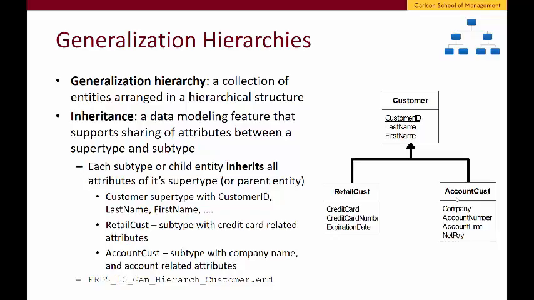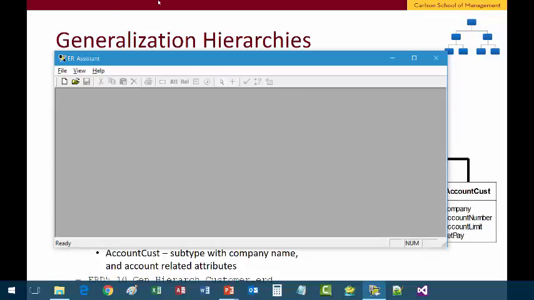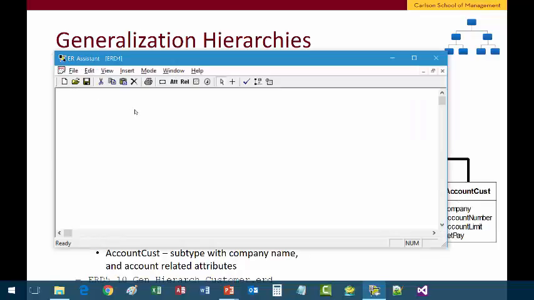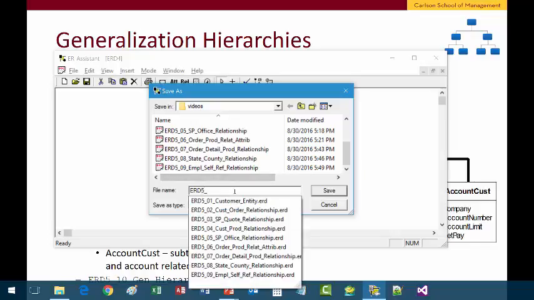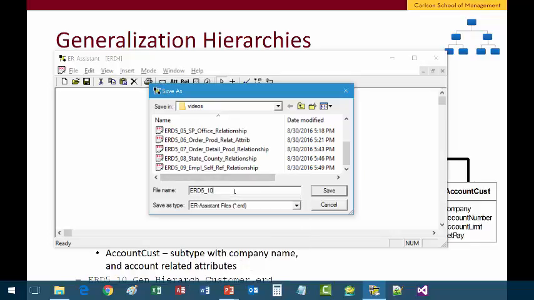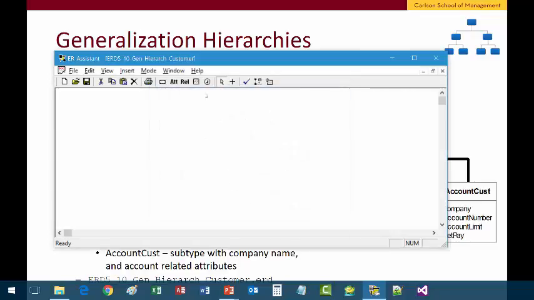So let's start a new blank ERD, and let's call it ERD 5 underscore 10, with the name Gen underscore hierarch customer or something to that effect. And then let's add a customer entity.